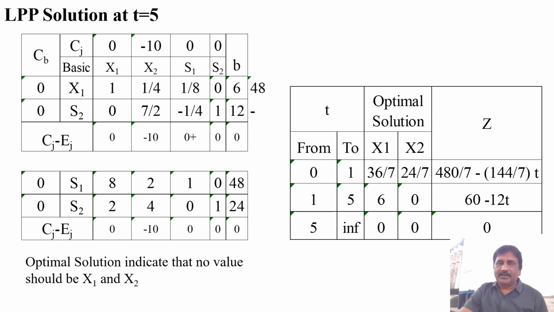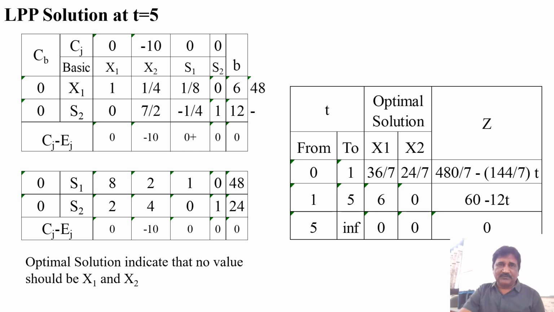This will definitely turn positive, and this is going to be the entering variable. And if this is going to be the entering variable, we will have to find the replacement ratio to decide which will be the leaving variable. The replacement ratio is the ratio of b by the column coefficient: 6 by 1 by 8 is 48, and 12 divided by a negative quantity does not allow x2 to be the leaving variable, right? So x1 will be the leaving variable, as we are seeing here.